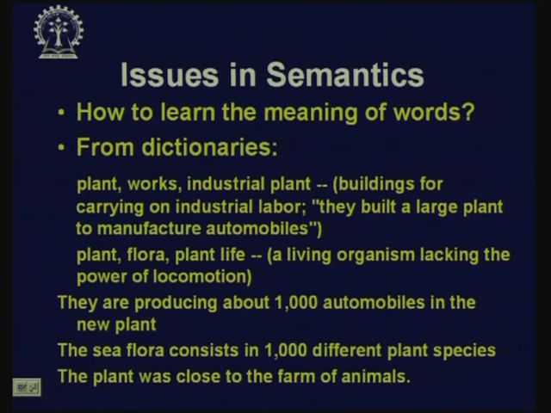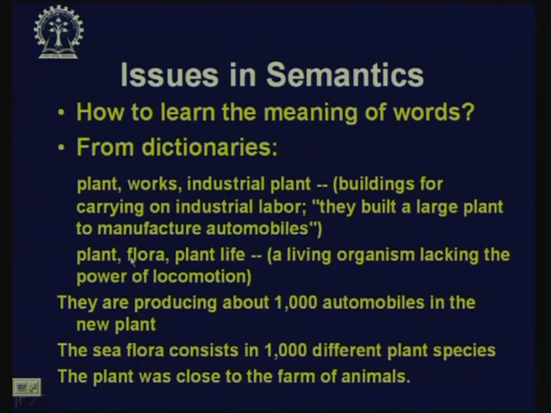Now, how do we learn the meaning of the words? One thing is that from the dictionaries, we can have that plant, works, industrial plant, all these can be put in as buildings for carrying on industrial labor. They built a large plant to manufacture automobiles. So, these sort of glosses will map to this, but again there is an entry in the dictionary: plant, flora, plant life, a living organism lacking power of locomotion.